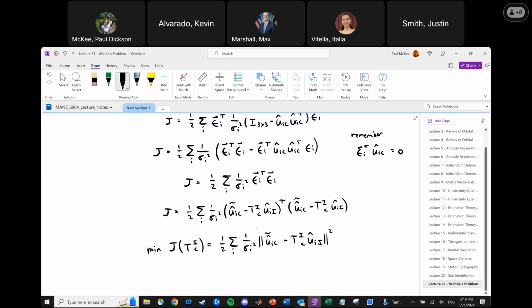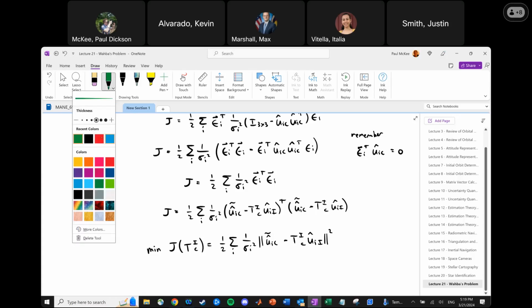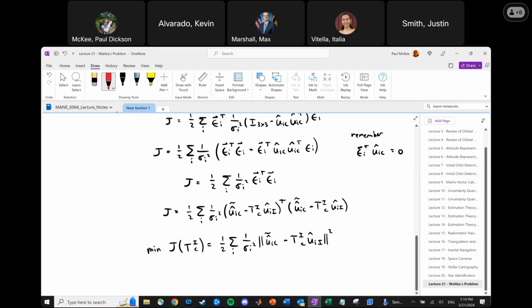Right? I'm just writing this in a slightly different notation, but there's no math change between this and the previous equation. This equation is going to get a box. So after all of that, we've really made no progress in solving the problem. We've just set it up.